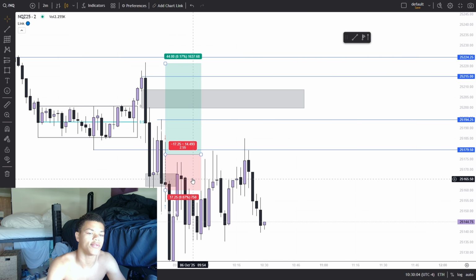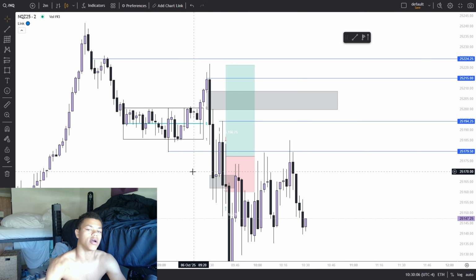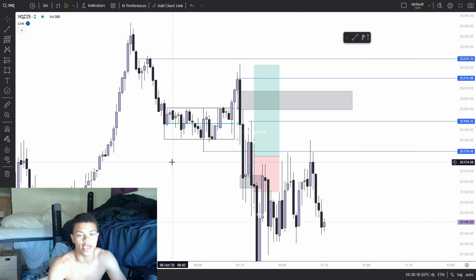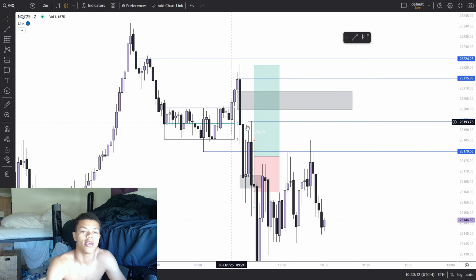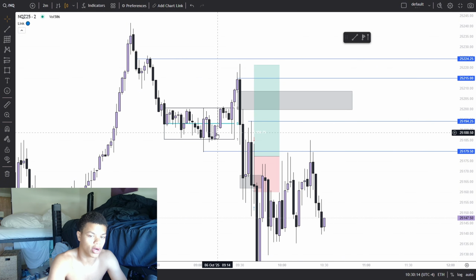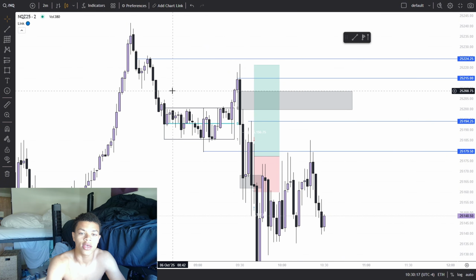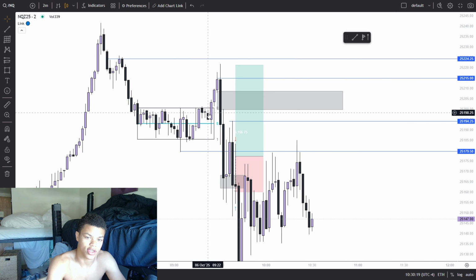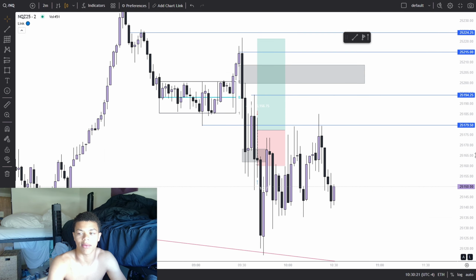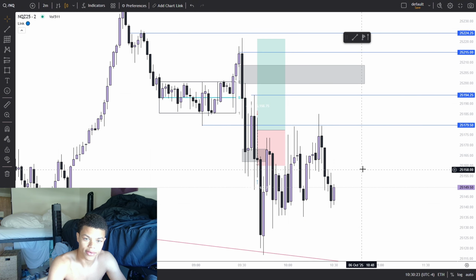Usually if we just wick outside of it and don't have a couple of full closures outside of it, I can still call it valid. On the 2-minute, it's still looking valid, but I realistically should have marked this as manipulation, okay? So we had our manipulation to distribution, that happened, and now I'm looking for a reversal back higher.